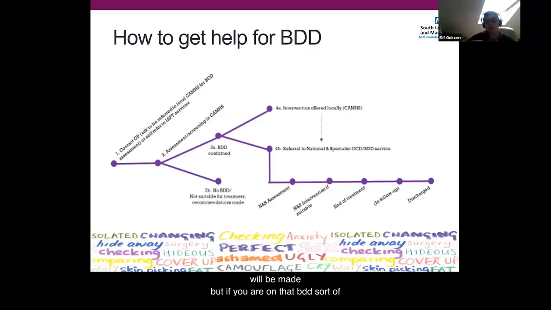But if you are on that BDD confirmation pathway, then intervention will either be offered in your local CAMHS service, or you might be referred on to a national specialist service, where you'll receive an assessment and an intervention will be offered if that's appropriate for your needs. You'll be on that pathway until you receive your full package of treatment and enter the follow-up phase, which we'll talk about in more detail later in the talk.